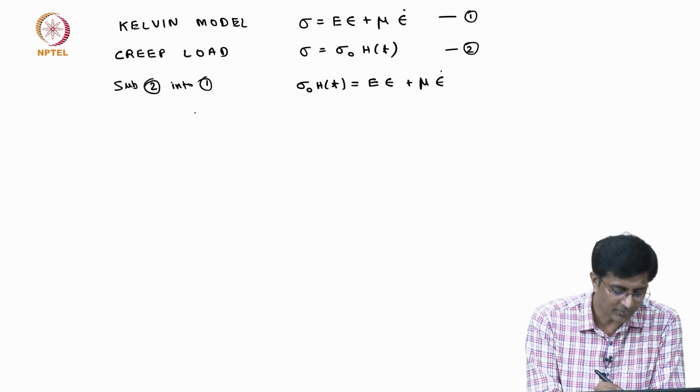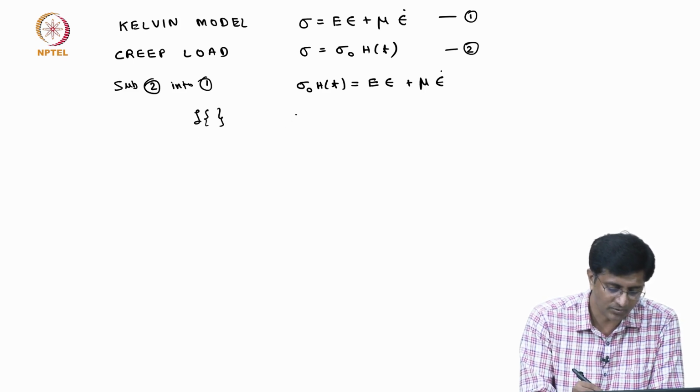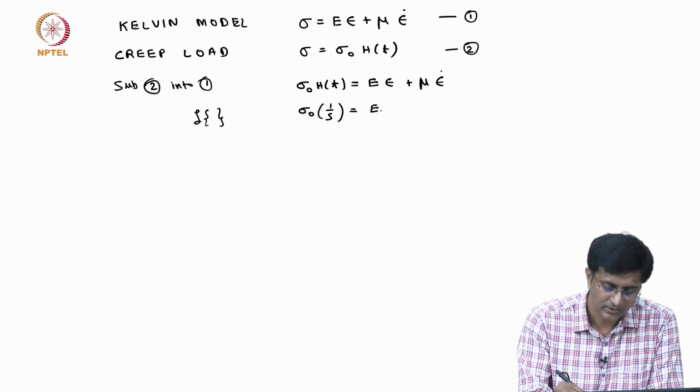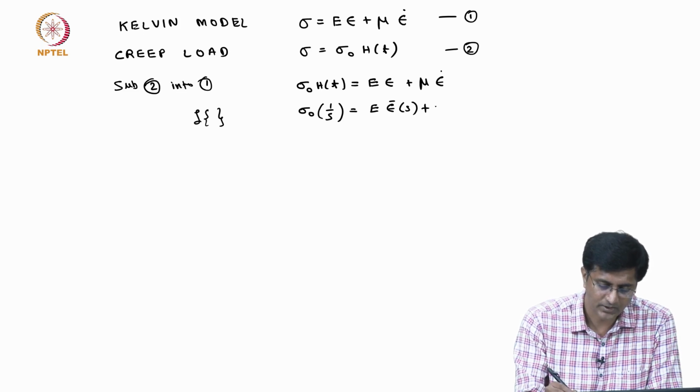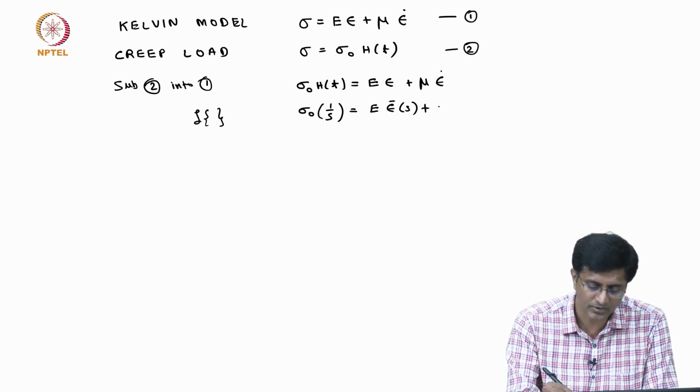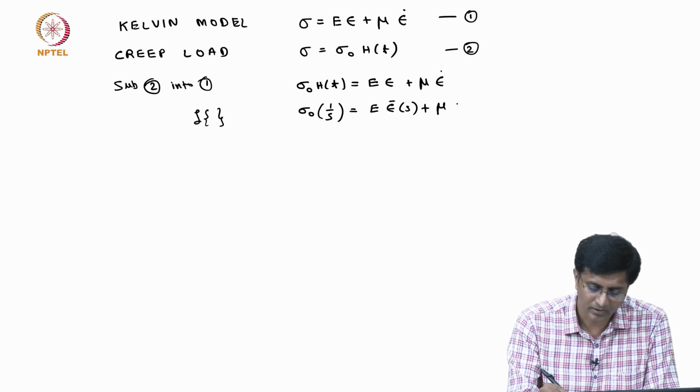Now, let us take the Laplace transform on both sides. It should give sigma naught times 1 by s equals E epsilon of s plus, for the first derivative of the function, like we have been doing previously, s times epsilon of s.